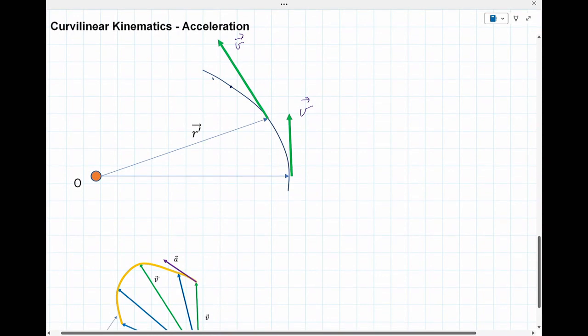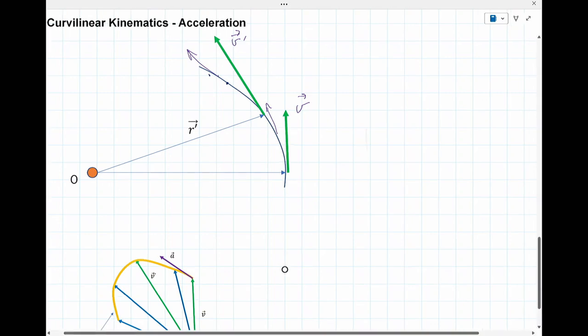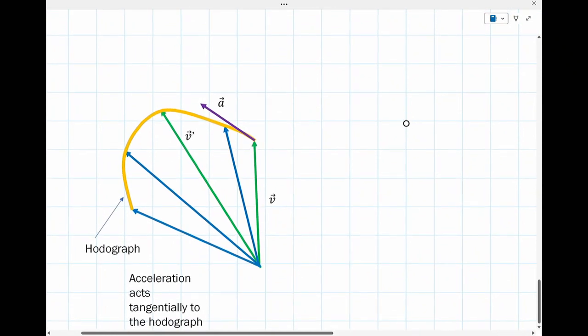So if I have two velocity vectors, or a bunch of velocity vectors, say, for example, along here like that, I can take each of those velocity vectors and create a hodograph. For the hodograph, I'm just going to take the tail of each of the vectors, align them, and then I will create a curve, that yellow curve that you see.